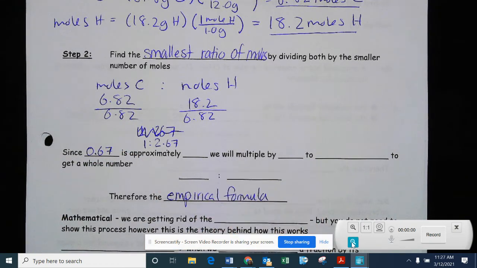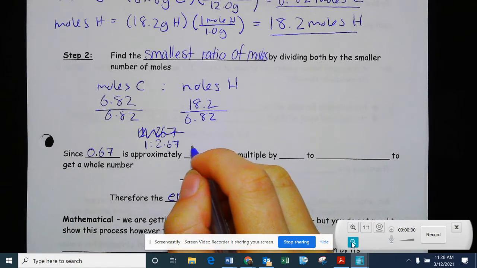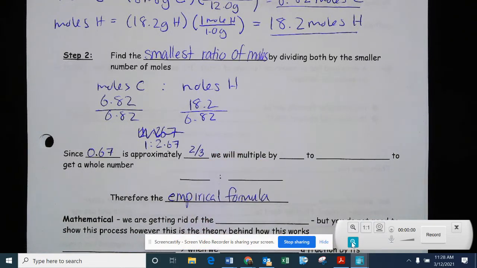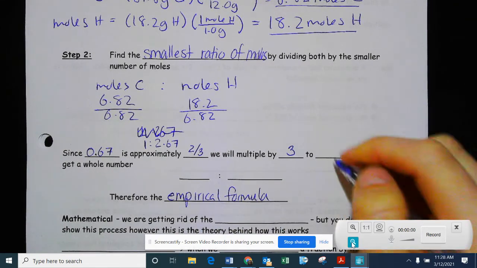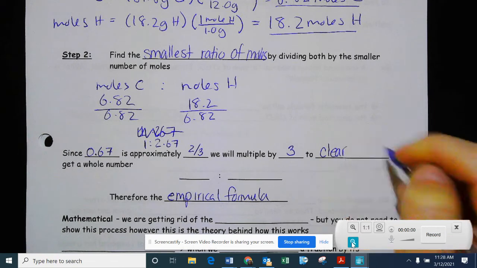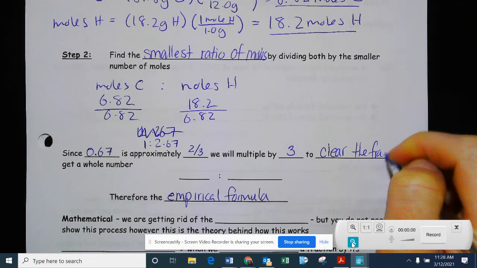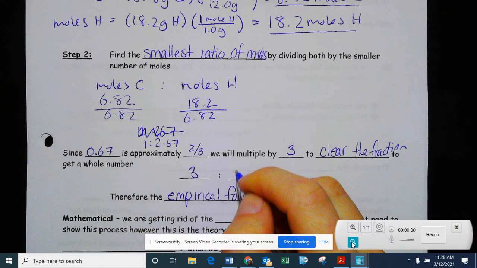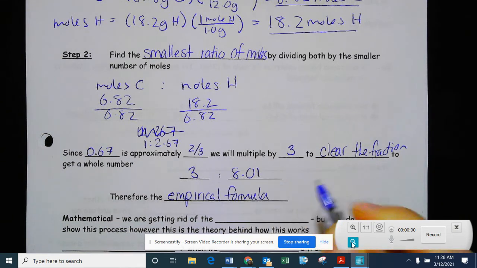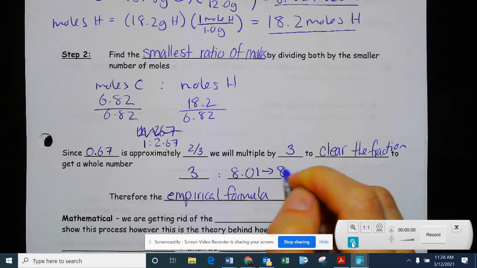What fraction is 0.67, approximately? 2/3-ish? So it's about 2/3. So we're going to multiply this by 3 to clear the fraction and get a whole number. So if we multiply these by 3, we get 3 and 8.01. That's okay. That is close enough to 8 that we can call it 8.